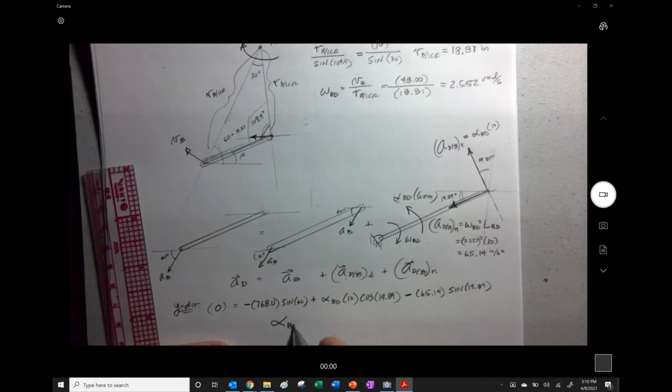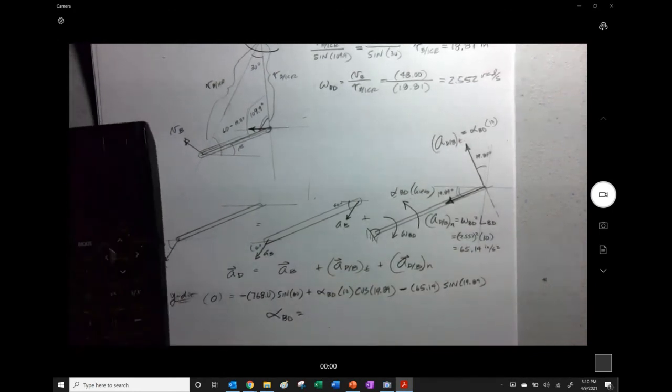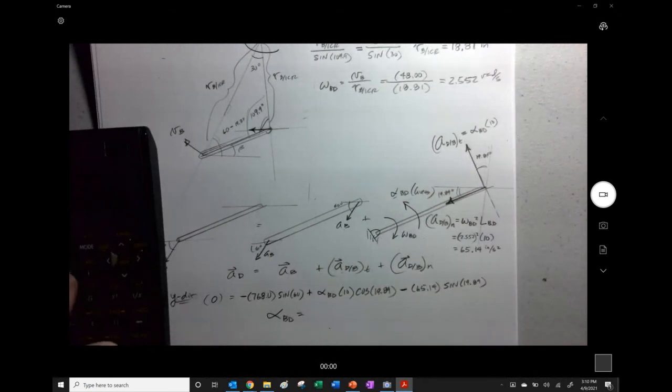And so I'm going to solve for alpha BD. 60 times the sine times there. All right, so that's negative right here. This is also negative. Okay, so there's negative and negative, so that means that we're actually going to get a positive. So we actually did a pretty good job, our guess was going to be correct. 19.89 sine of that times, and I'm going to add that and that together.